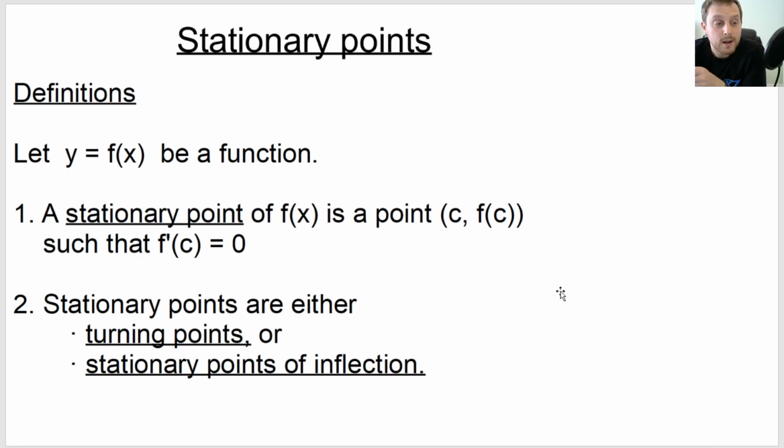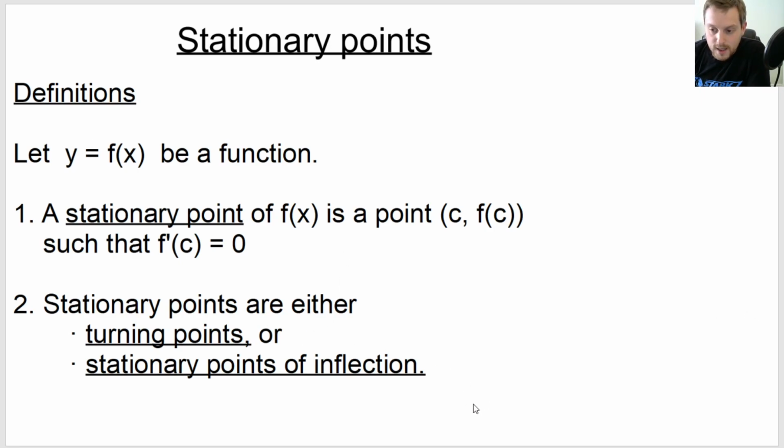Or they could be what's called a stationary point of inflection. So just to very briefly touch on stationary point of inflection before we move on with the actual content.